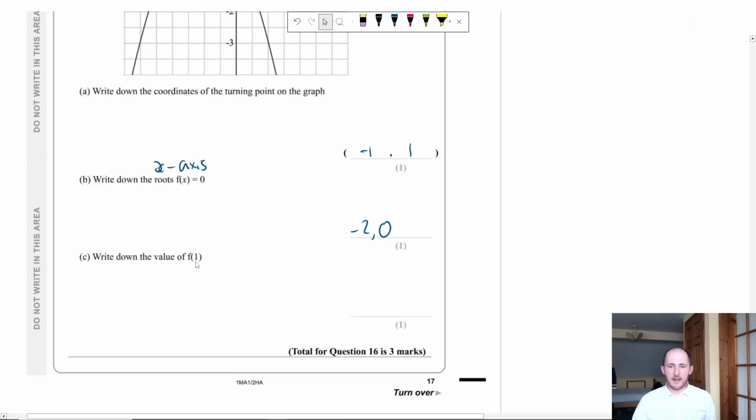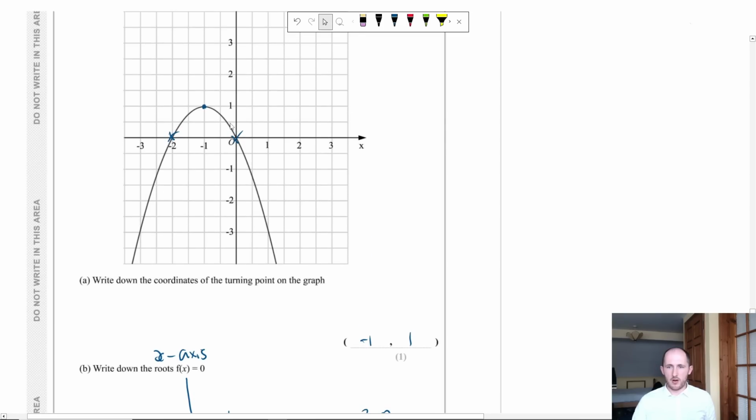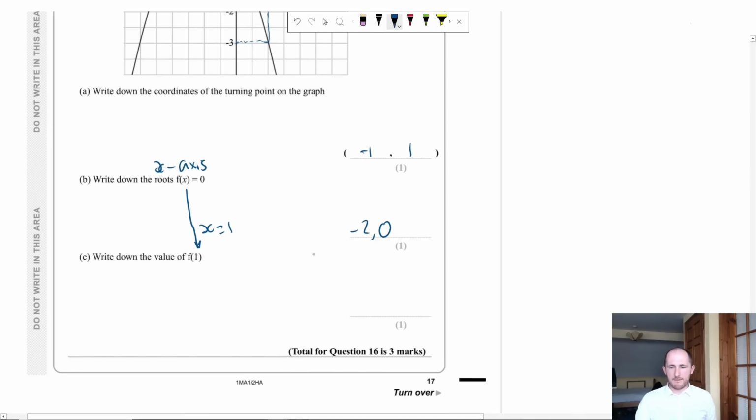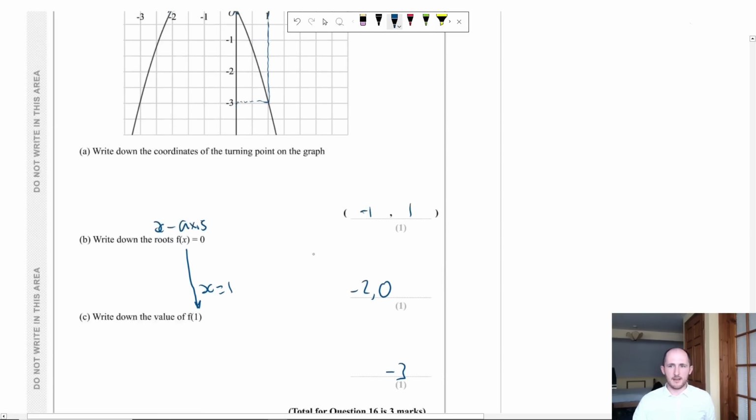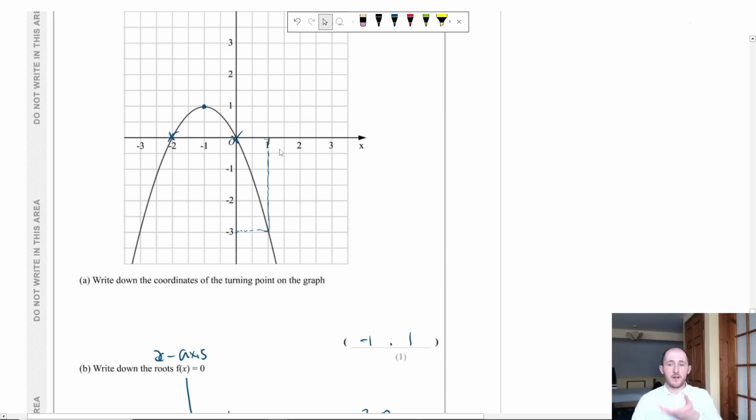Then it says write down the value of f of 1. F of 1, remember, if it's f of x and now it's become 1, that means they've just subbed in x equals 1. So we look on this graph, x equals 1, where does that touch the curve? At -3, okay? So f of 1 should just be -3, because that is on the graph where x is equal to 1.